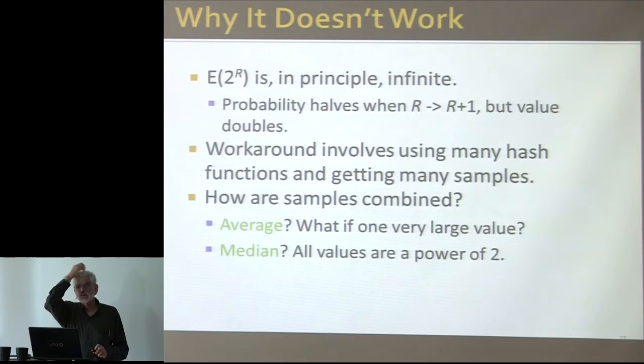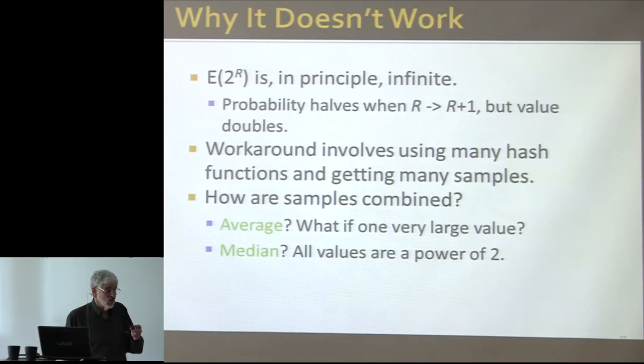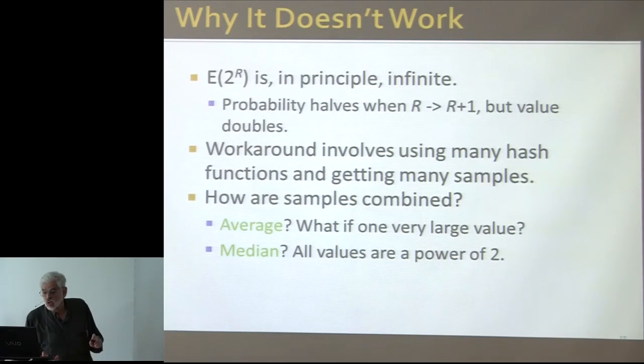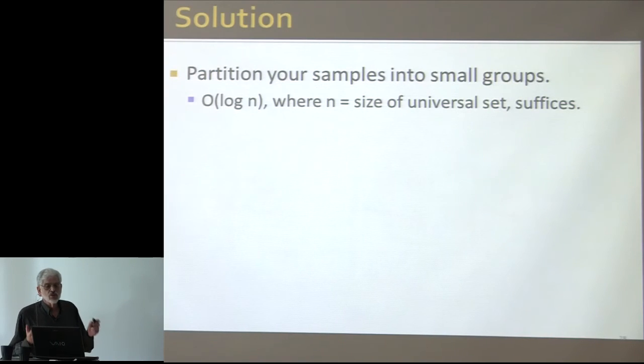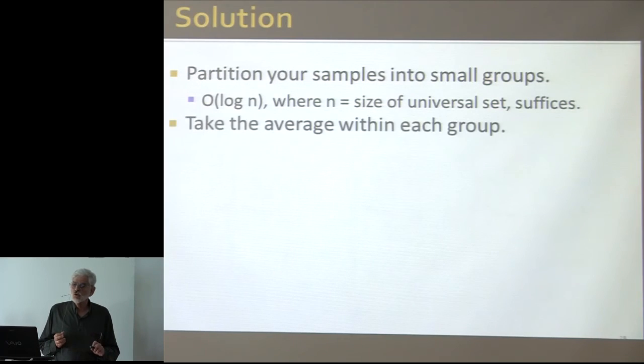You could take medians, but since every estimate is a power of 2, you could only get powers of 2 as estimates. The median will tend to be very close to the true value, but it could be off by a factor of 2 almost. So what you do is you take your samples, you partition them into small groups of roughly log n in each group.